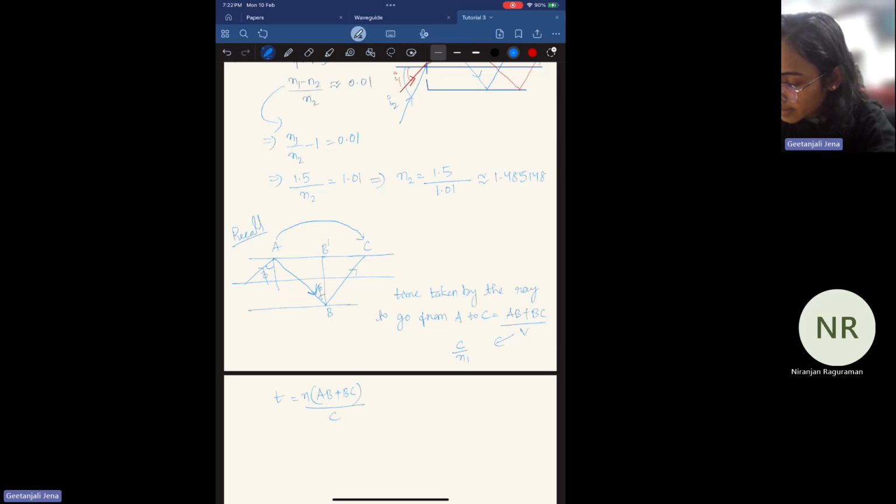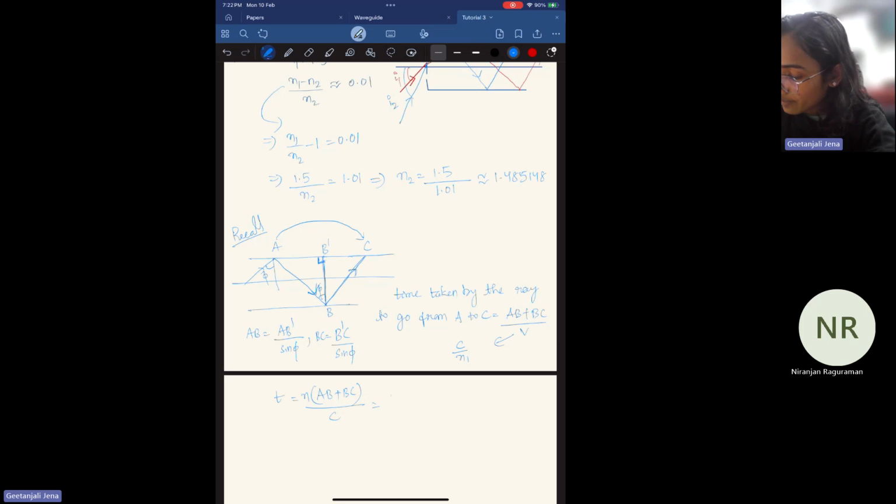And in this figure, we have to express AB and BC in terms of the length of the fiber. So we have to relate AB plus BC to AC. If you see this diagram, AB prime B, you can write AB as AB prime by sine phi and BC as B prime C by sine phi.